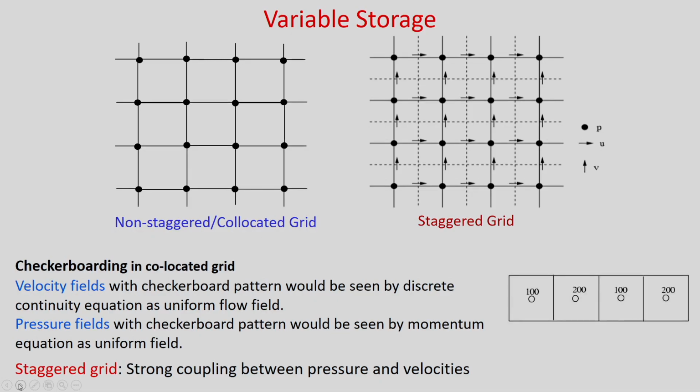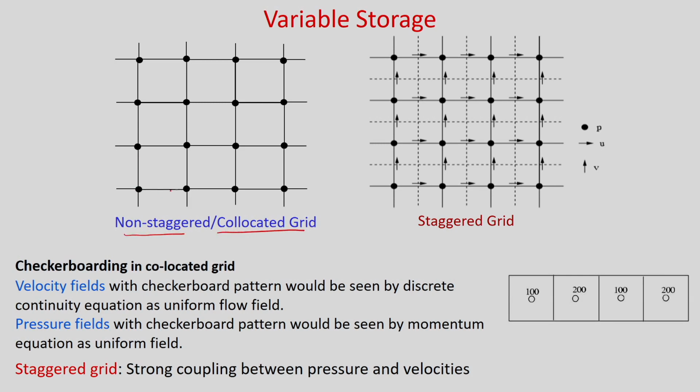So, obviously, you have a total of 5 unknowns: 3 velocities, pressure and temperature. So, where will you store or solve these variables? Depending on the variable storage, we can have staggered grid and collocated grid. First, let us discuss the collocated grid or non-staggered grid.